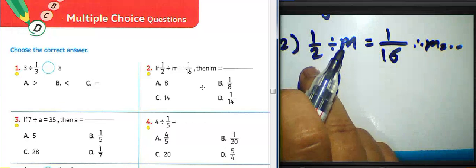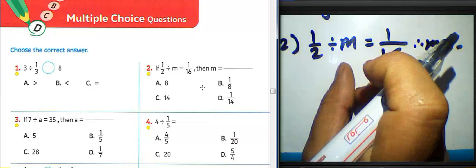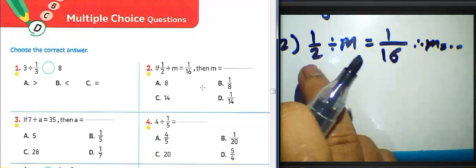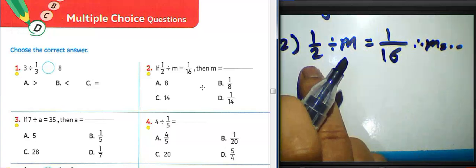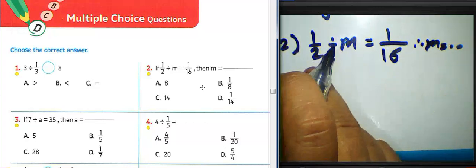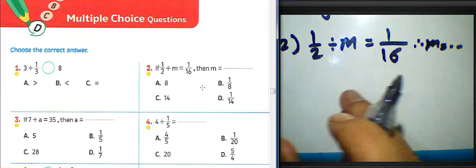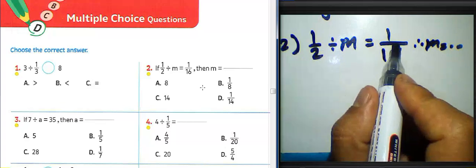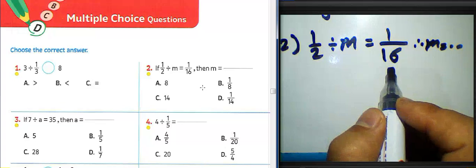We have here a dividend and a divisor. To find the value of m, we can divide the dividend by the quotient, because 1 over 2 is greater than 1 over 16.